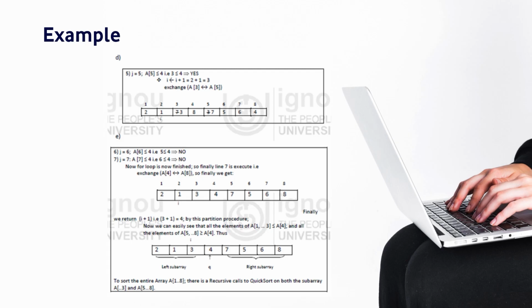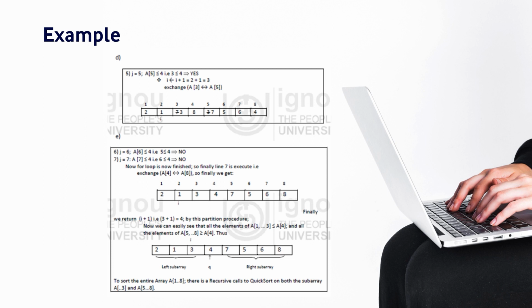Where our index is 3, 3 plus 1 is index 4. So at index 4 the pivot element will be exchanged. 8 will be taken to the pivot position and 4 will be taken to the 4th index. Now you can see that the pivot element we selected is sorted.